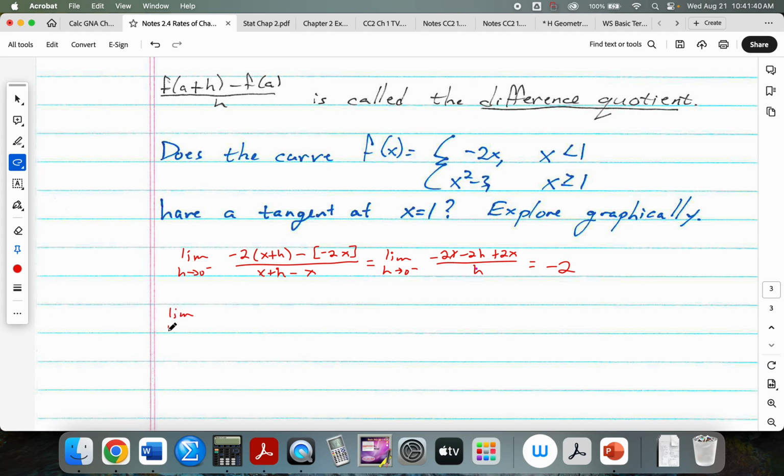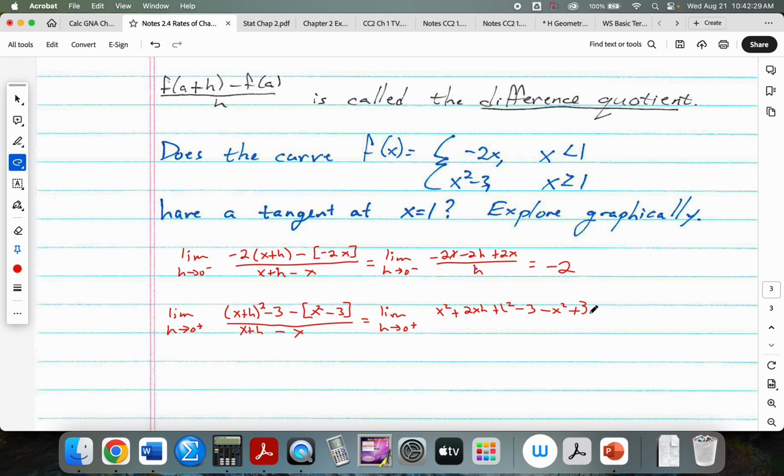The limit as h approaches 0 from the right of, we're going to have x plus h squared minus 3 minus x squared minus 3 all over x plus h minus x will be the limit as h goes to 0 from the right of, we're going to have x squared plus 2xh plus h squared minus 3 minus x squared plus 3.